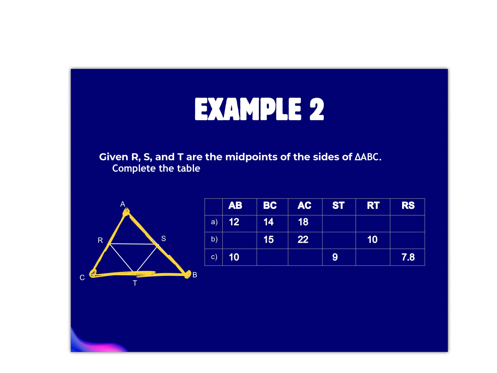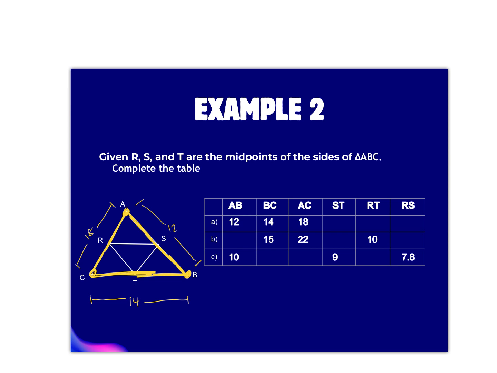So I'll start with this one in A. It says that AB is 12 units long. So from here to here, this entire side is 12 units. BC is 14 units long. So this whole side is 14, and AC is 18 units long. Okay, so I have the 3 sides of my yellow triangle.